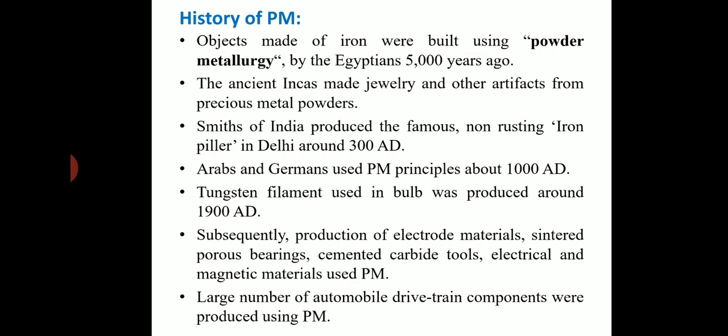Tungsten filament used in bulbs was produced around 1900 AD, and the subsequent development includes the production of contacts and electrode materials, sintered porous bearings, cemented carbide tools, and a wide range of electrical and magnetic materials.